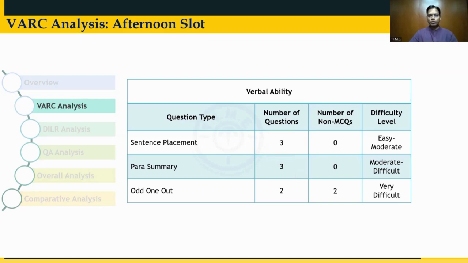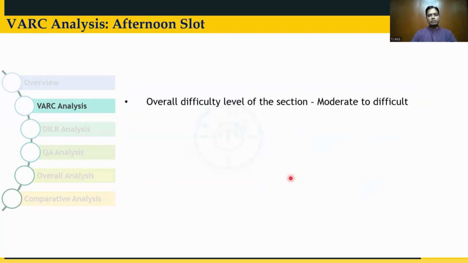There was a lack of flow of thought in these odd one out questions. And as a result, the student would have been pretty stuck in terms of identifying which one is exactly the odd one out. So these could be classified as very difficult. And overall, the difficulty level of this section was moderate to difficult.